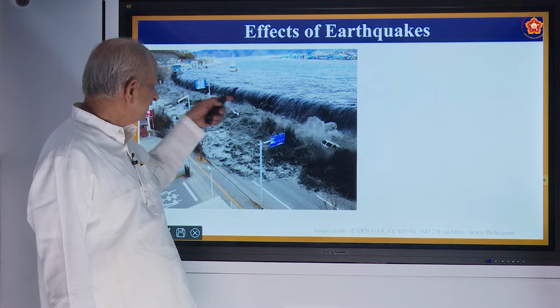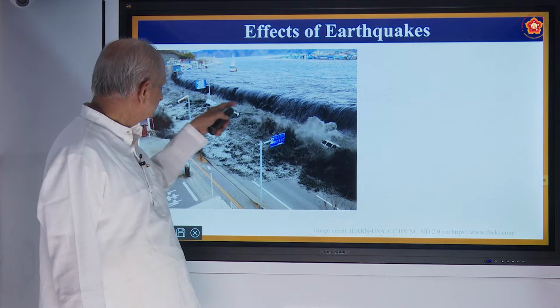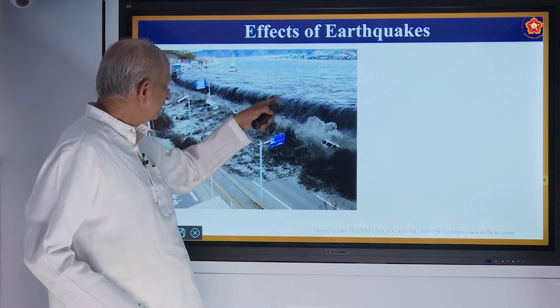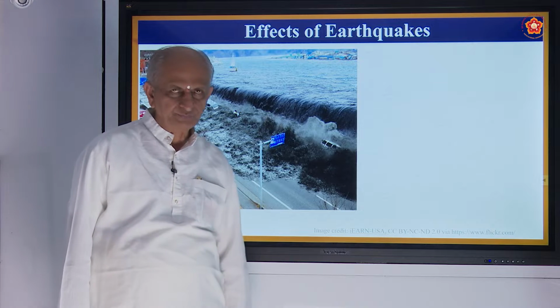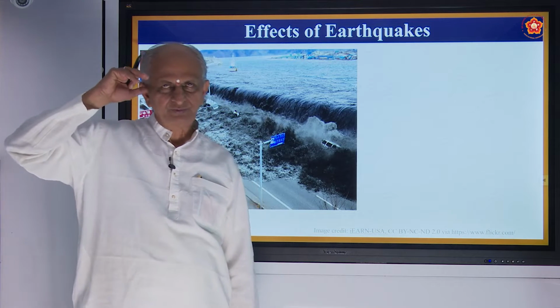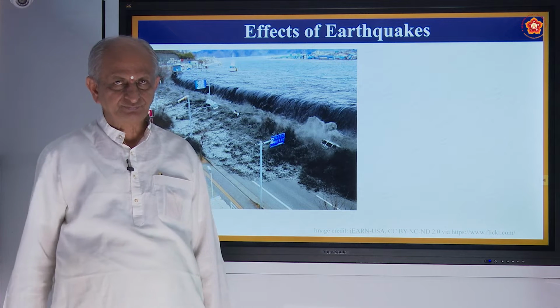So one more effect you can see here. What is this photo about? It can cause what is called a tsunami. Huge waves are formed when there is an earthquake in the sea.